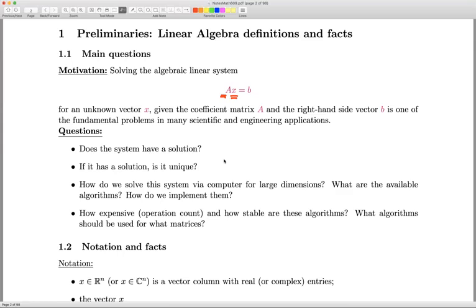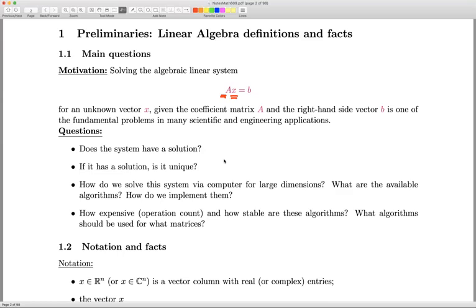Or even if we have a method that is exact in the sense that it theoretically will give you the exact solution, when we try to implement this method on a computer and write a program for it, when the computer does the corresponding arithmetic operations, there will inevitably be a round-off error, and this round-off error will propagate through the computation.